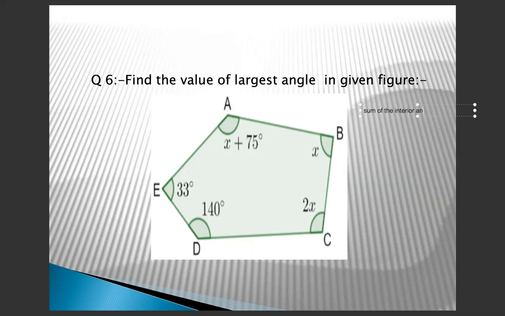Okay, so the sum of the interior angles is 540. Now what we have to do is we have the value x common. So what we can do, we can add all these: 33 plus 140 plus x plus 75 plus 2x is equal to 540.